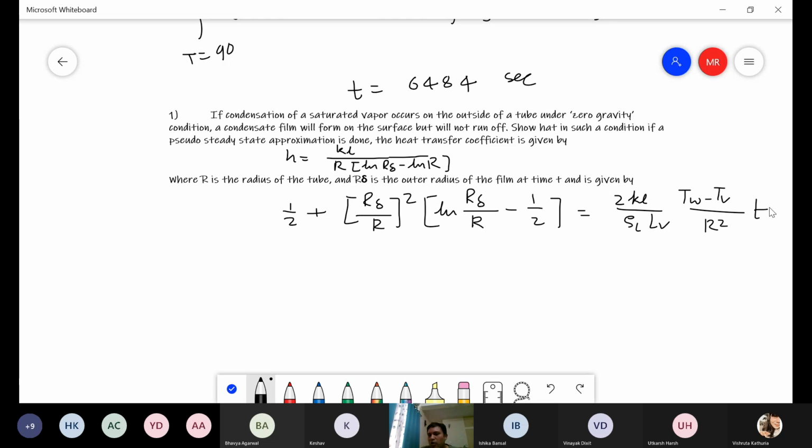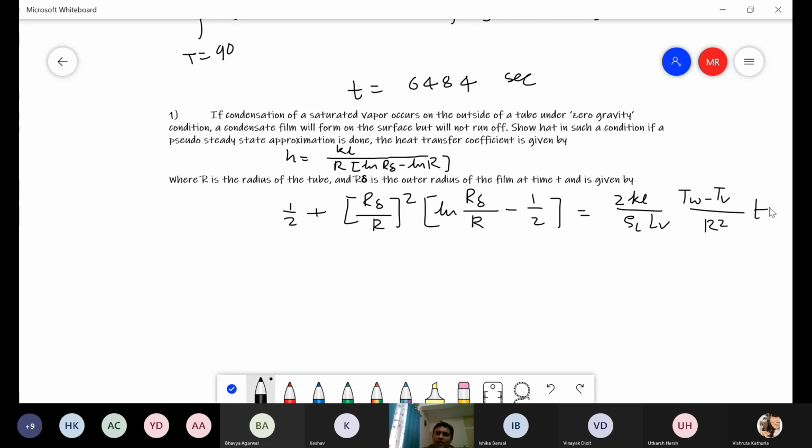What is given in this problem is the condensation of a saturated vapor occurs on the outside surface of a tube under zero gravity. So this word zero gravity is very important. A condensate film will form on the surface but will not run off because there is no gravity. So that means the film will keep on forming around the surface outside the tube, but it will not fall down.